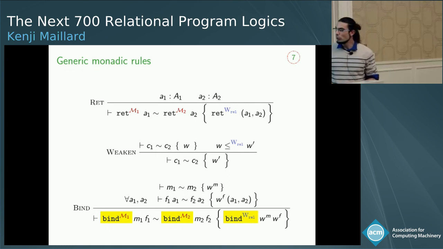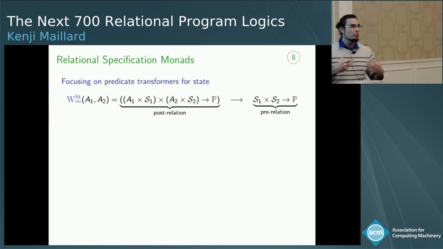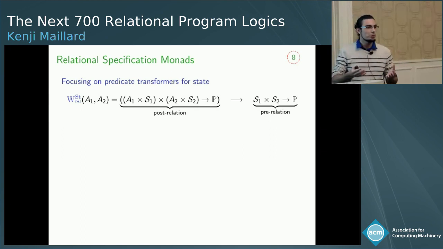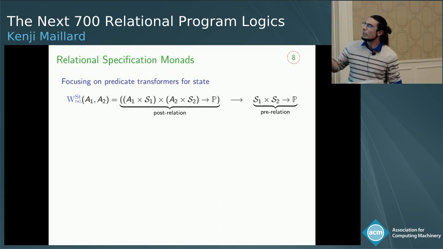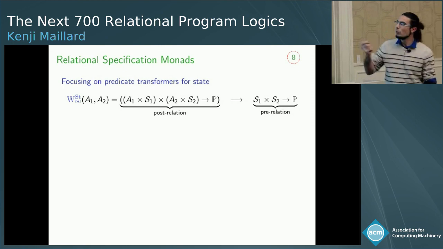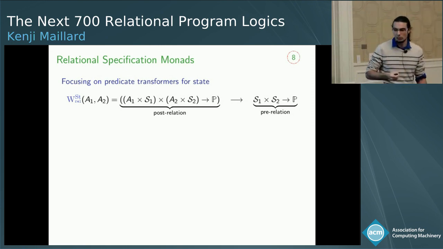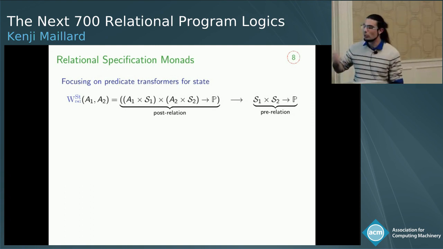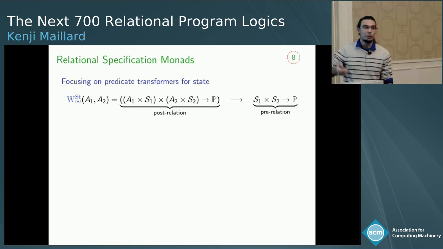So now let's have a look at an example to see what this return and bind object, that relational specification that I just gave you, can look like. So if we take the specific case of predicate transformer for state, we may want to consider such an object of relational specification. It takes as input a post relation on final values and final states, and it returns a pre-relation on initial state.